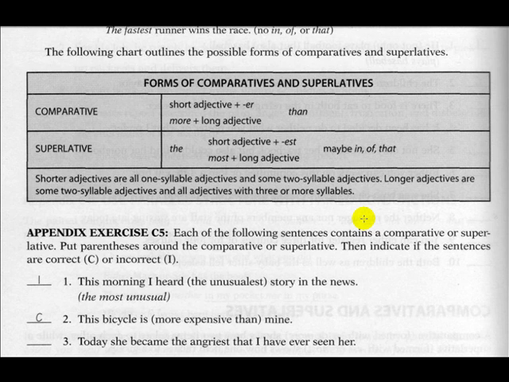And the superlative, you would use the word the before it. On the short adjectives, the EST, okay, and maybe you would use in, of, or that. Then again, on the longer adjective, that's more than one syllable, you would use most.